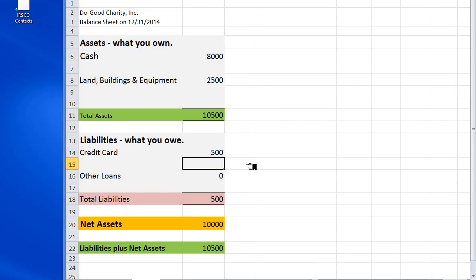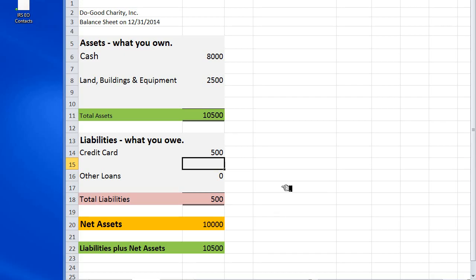So now our assets have increased to $10,500. We now have a credit card of $500. Total liabilities of $500. Our net assets are still $10,000 because you can see that $10,500 minus $500 equals $10,000.